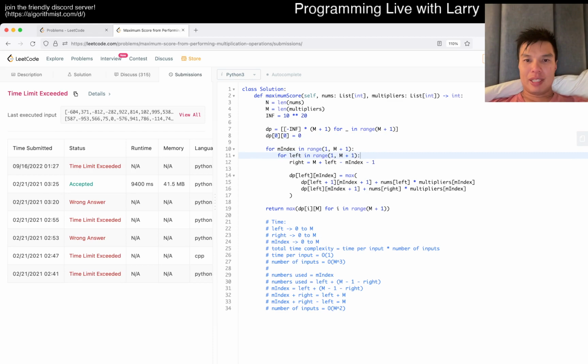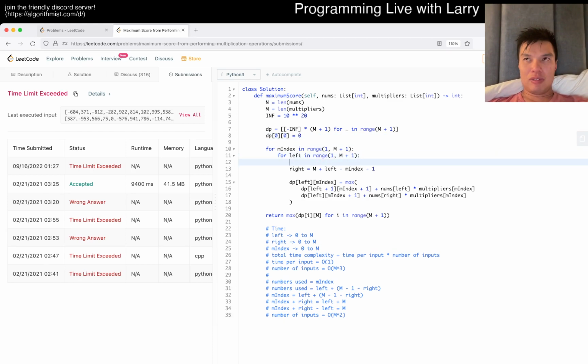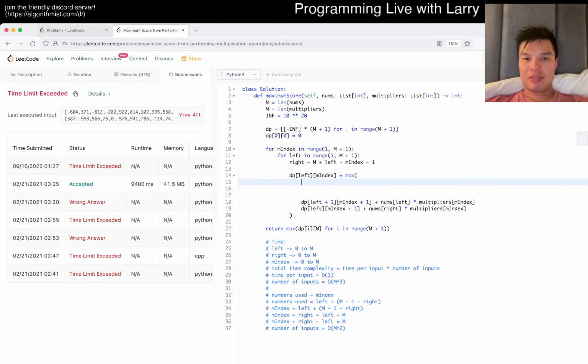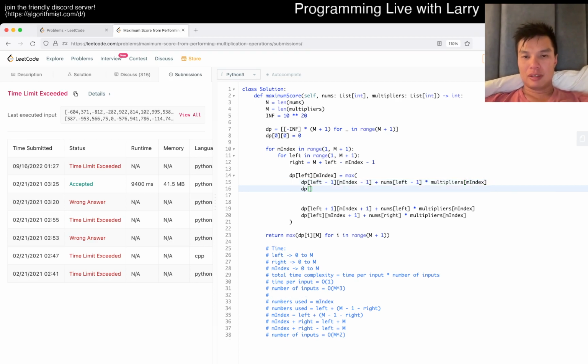Okay, and then now we just have to do it the other way where, okay, this is equal to, so the last number could have been from the left side, or the last number could have been from the right side. Right, if the last number was the right side and left didn't change, okay, fine.